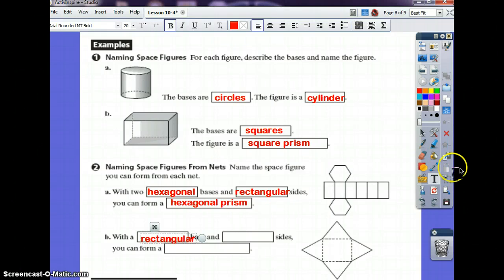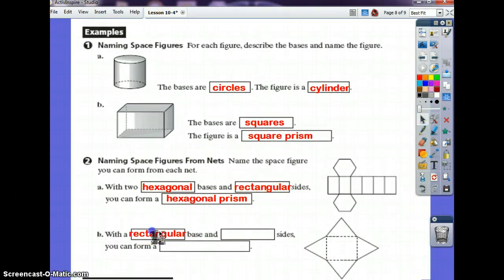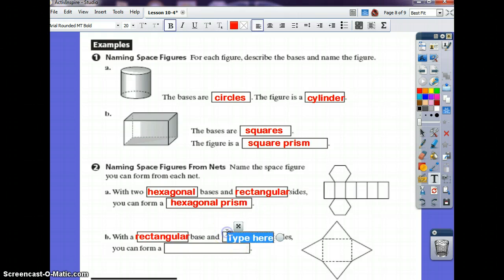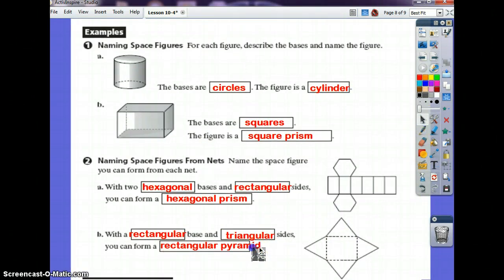So with a rectangular base and triangular sides or lateral surfaces, we would call that a rectangular pyramid. A rectangular pyramid has one base that is in the shape of a rectangle, triangular lateral faces.